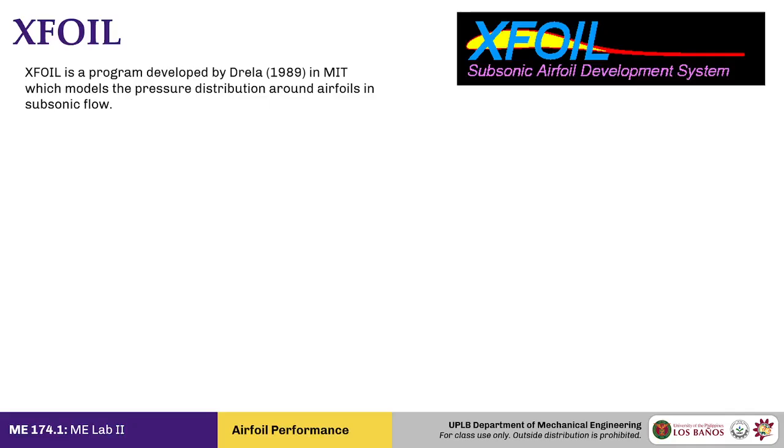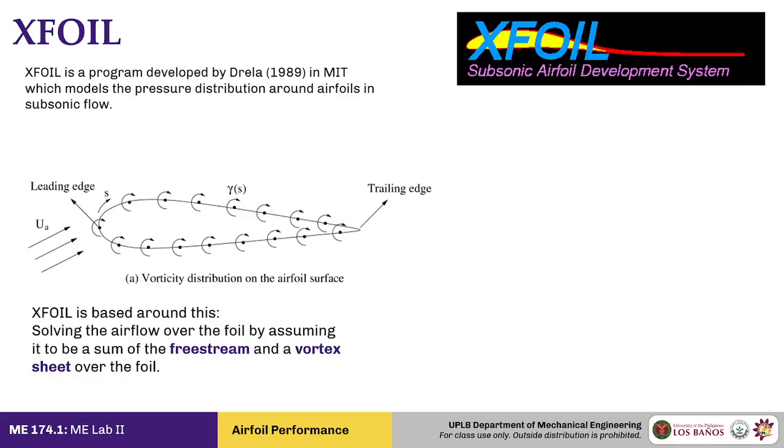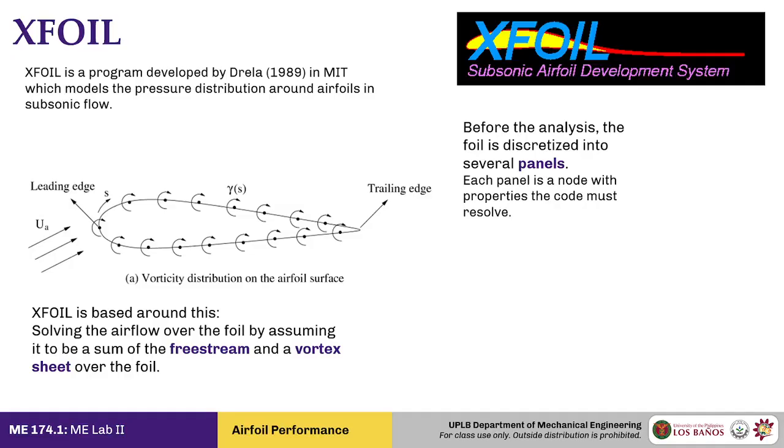Now, how does Xfoil actually work? Xfoil works by first breaking apart your airfoil into several flat panels. At the midpoint of those panels, it will assume that there's a swirling vortex in the middle of that panel.